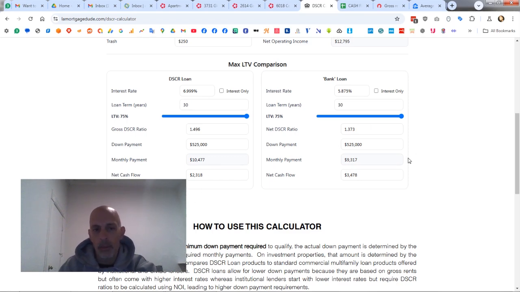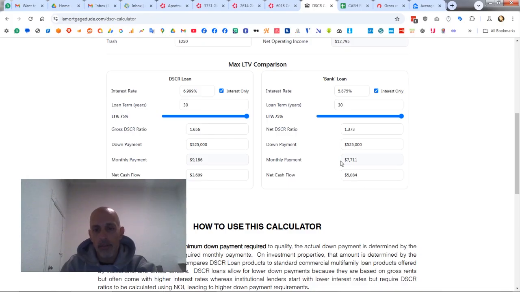But if you've got it 100% occupied, based on the equity you already put in, the down payment you already put into it, you can cash flow a lot better at $3,400 a month, $3,500 a month, just by going a normal bank loan. Now you can go interest only on either of these.